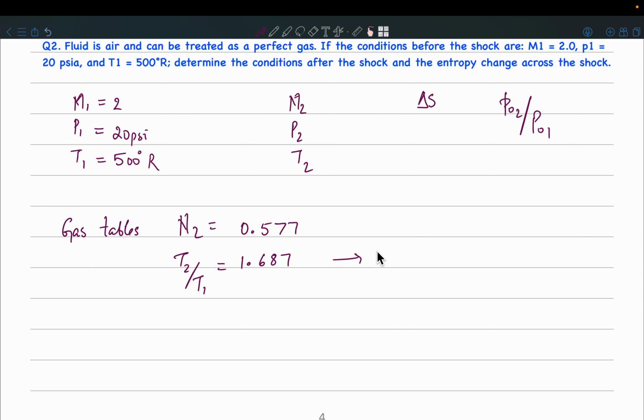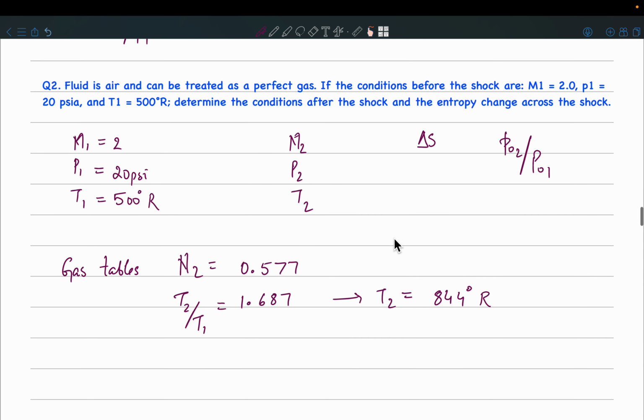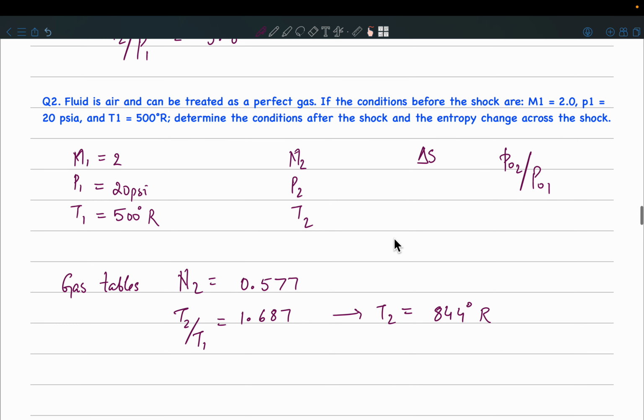So that gives me T2 is equal to, just multiply it, so it's 844 degree Rankine. R is Rankine. The questions that I have are in some other unit system, right?